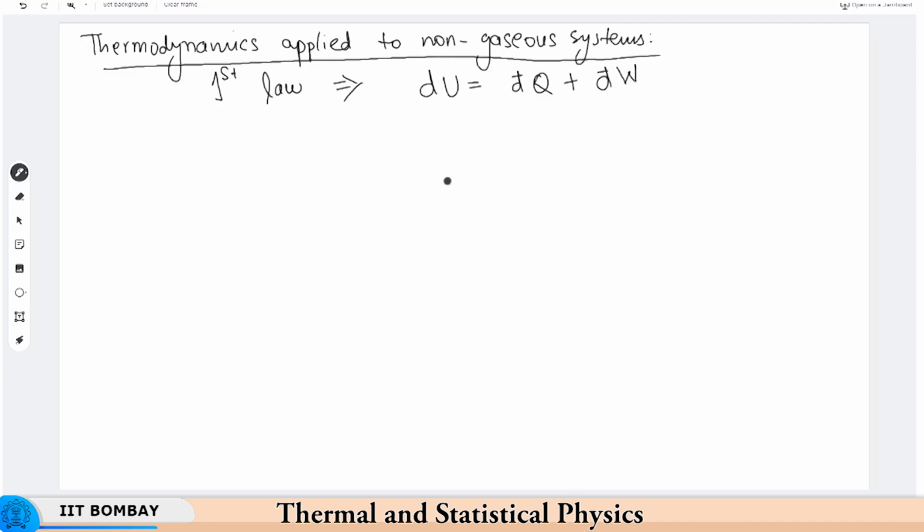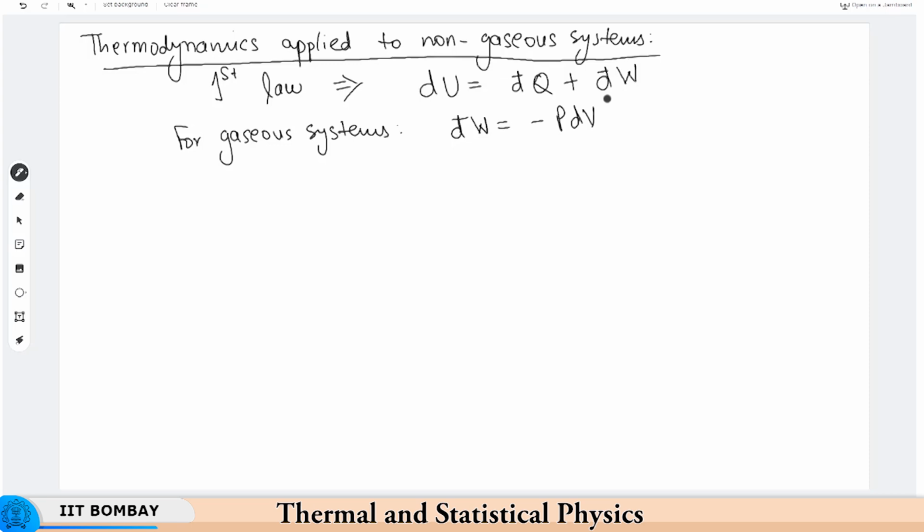And typically, for gaseous systems, this work we usually define as minus P dV, because the gas has a pressure and a volume, and the work done is given by the pressure times the change in volume. So, this is how we define the work in case of gaseous systems.